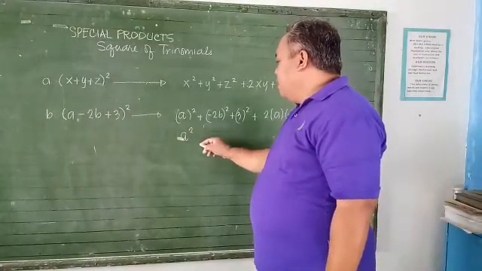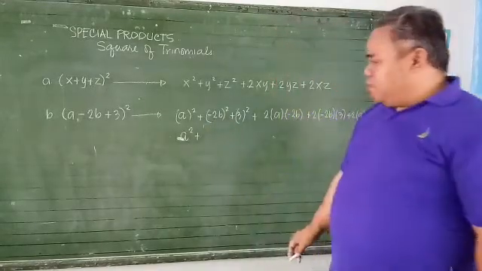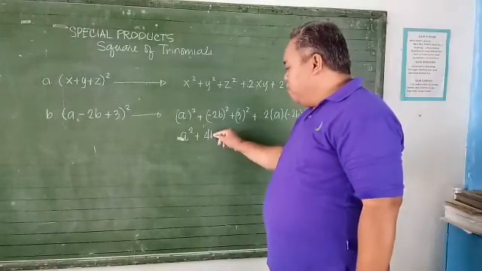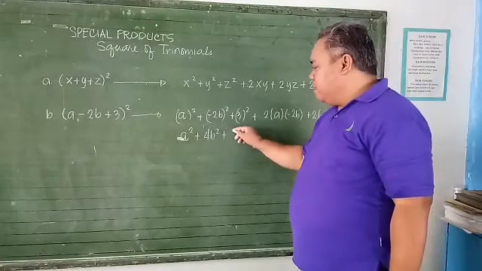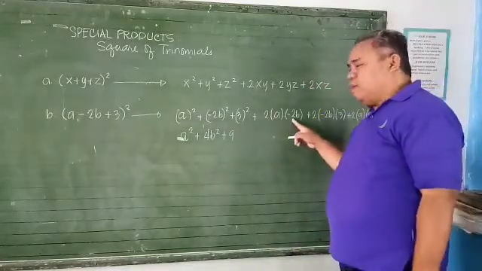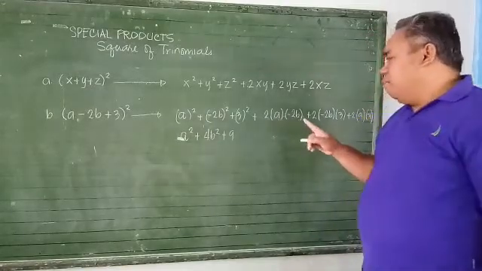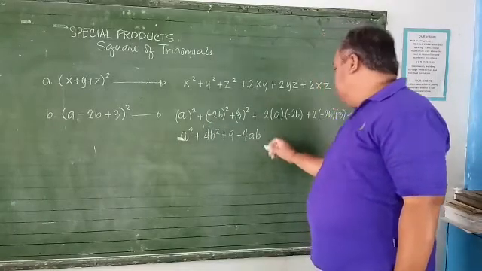So this is a squared, then this could be plus, kasi negative yan, square of negative 2 is 4, then 4b squared. Then square of the last term should be plus 9. Then what about this one? 2 times negative 2 will give you negative 4. Then a times b will give you ab. So negative 4ab.